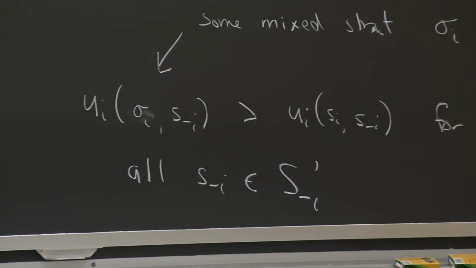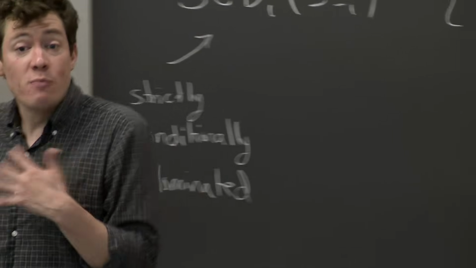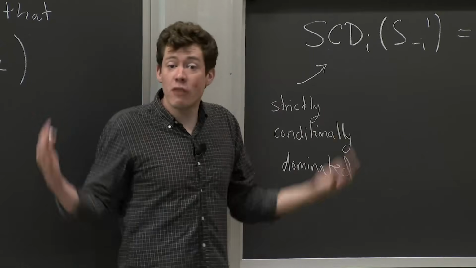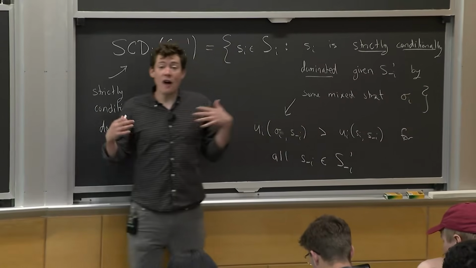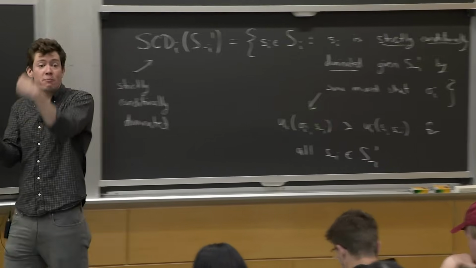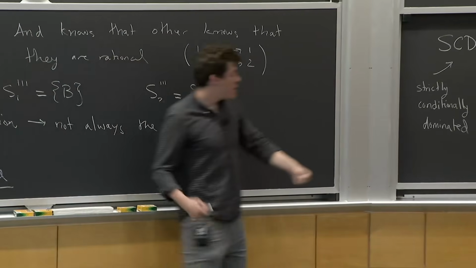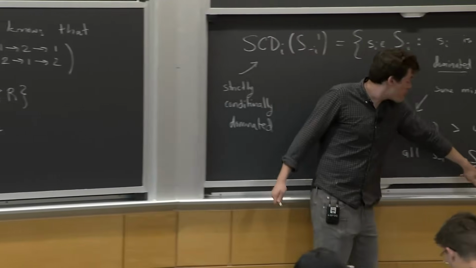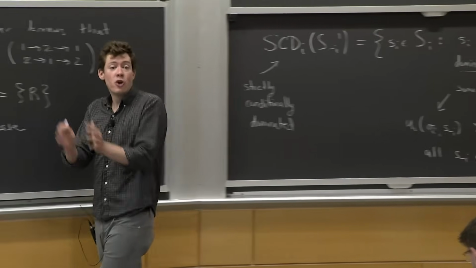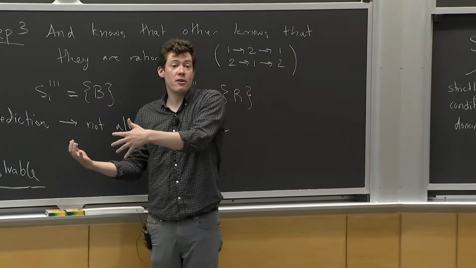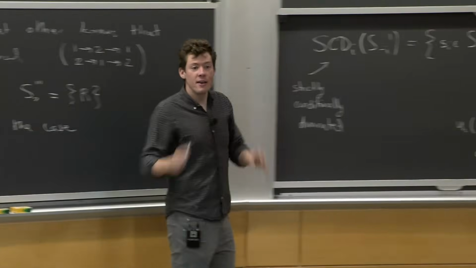Now, if there's two players, this is pretty easy. s_{-i} is just a strategy of my opponent. But if there's more than two players, say there's three players and i is 1, s_{-i} specifies what strategy player 2 chooses and what strategy player 3 chooses. And in this case, S_{-i}' is a collection of strategy pairs chosen by players 2 and 3. They're still choosing separately, but we're just putting them together mathematically into a vector.